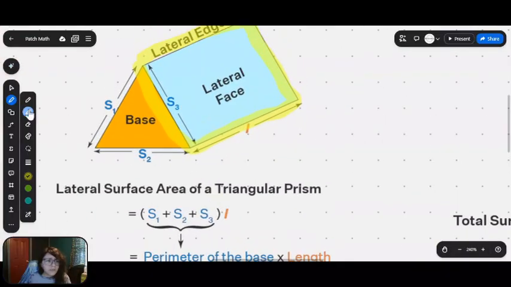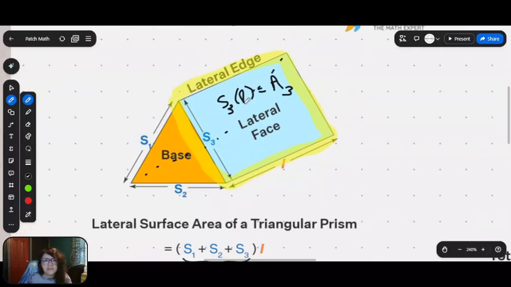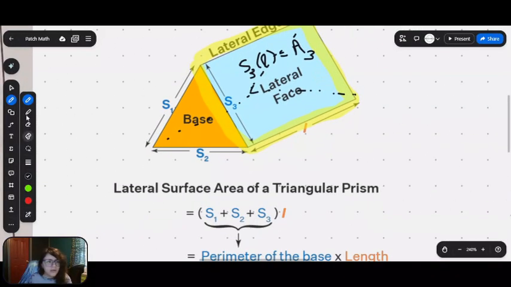So what we're finding here is S3 times L would give you the area, and we'll call this face 3, the area of face 3. Now, if we came over here, we've got a rectangle that, if we were to sketch this, and my geometric sketching is not the best, so bear with me, is just like seeing this in three dimensions.